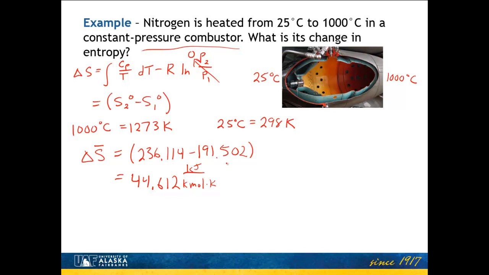And if you want to convert that per kilogram, we'll go ahead and use the molecular weight. And so 1 kilomole, and for nitrogen, the molecular weight of that is 28.013. That is kilograms per kilomole. And you can actually get those molecular weight values off of table A1. And then that comes out to be 1.593. And the units are kilojoules per kilogram Kelvin.